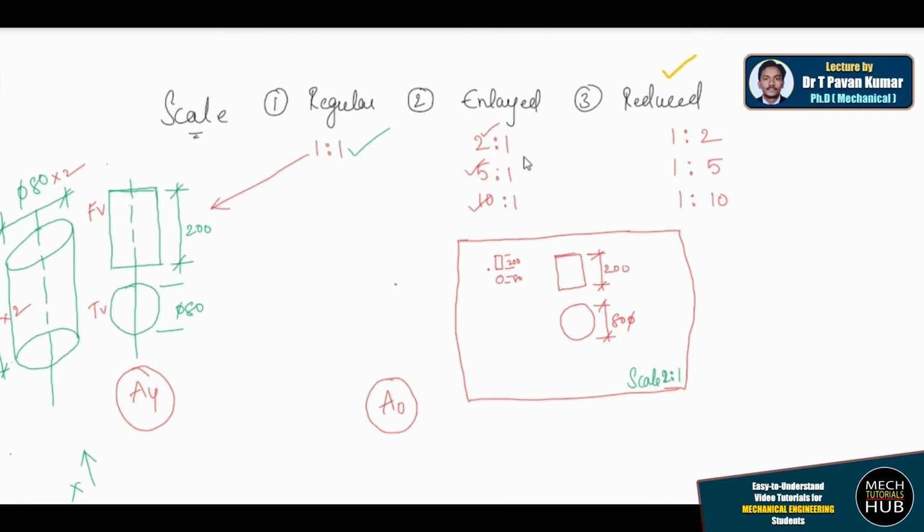The best example of enlarged scale is a wristwatch. For example, I would like to manufacture a wristwatch, and to develop the outer boundary or complete body of the wristwatch, I have to send the drawing to the shop floor person.